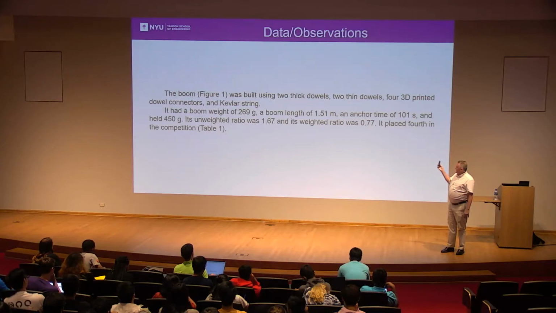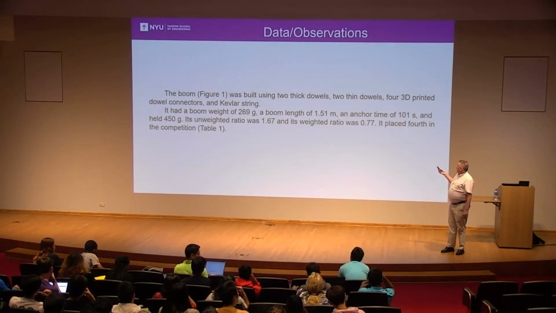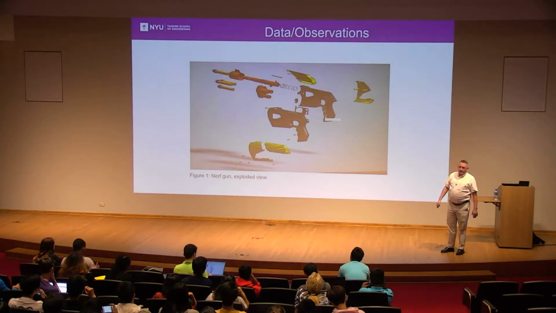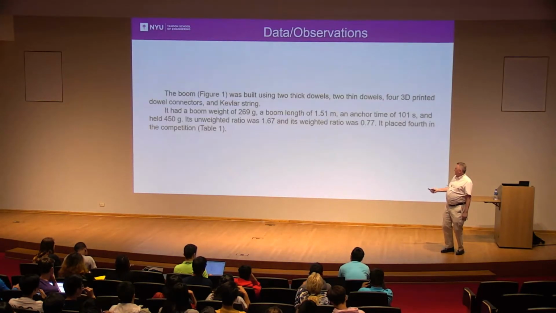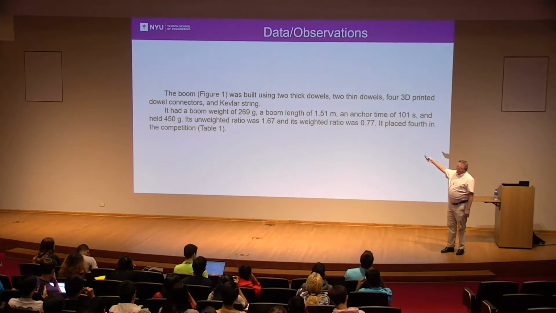So this would be an example of the first couple of paragraphs for a data and observation section for the boom competition lab. So the boom, Figure 1, referring to this. No, I'm sorry, that's not the boom, pardon me. That's the Nerf gun. The boom, Figure 1, that would be a picture of the boom. You can see here is a relatively short description of how the boom was built.